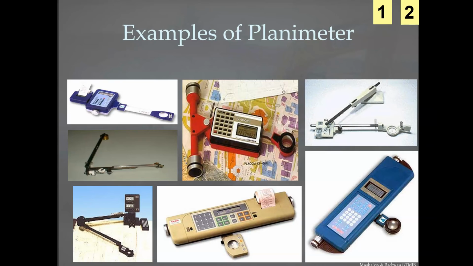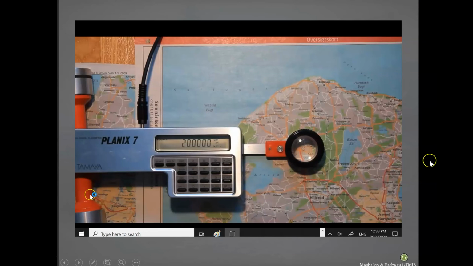It's quite useful equipment. As I say, it'll be very useful if you are dealing with a hard copy, a physical plan. This is a video just to show you how it works.